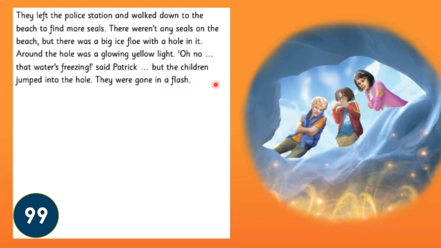Okay, so as you see in this picture, the kids got out from the police department, and they were walking on the beach looking for seal pups again. They couldn't see any seal pups around, so they were just wandering, and they saw an ice floe that has a hole in it.